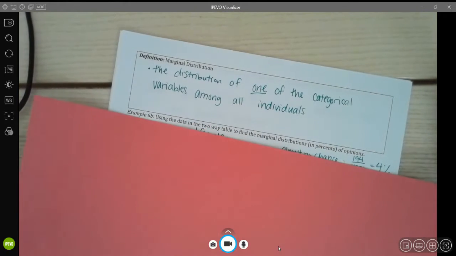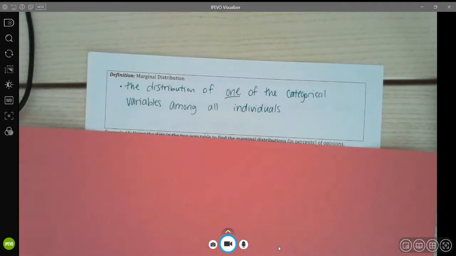Okay, so the first thing to talk about, besides the fact that we're talking about a two-way table, is a marginal distribution. We're going to talk about two different types of distributions today, marginal and conditional distribution. The marginal distribution is the distribution of one of the categorical variables. We've got two categorical variables here, and we only want to look at one of them.